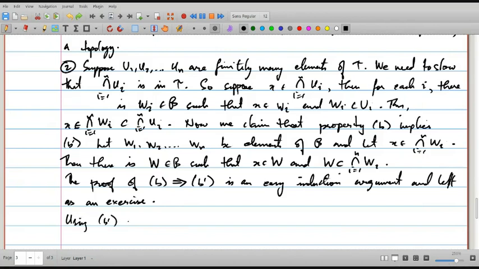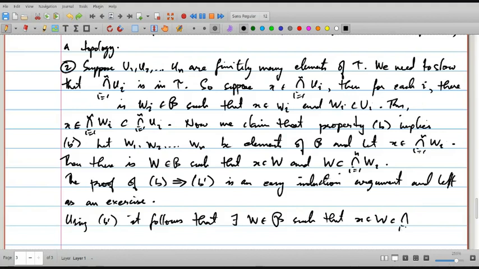Using B prime, it follows that there is W in B such that x belongs to W, which is contained in the intersection over i equal to 1 to n of Wi, which is contained in the intersection over i equal to 1 to n of Ui.